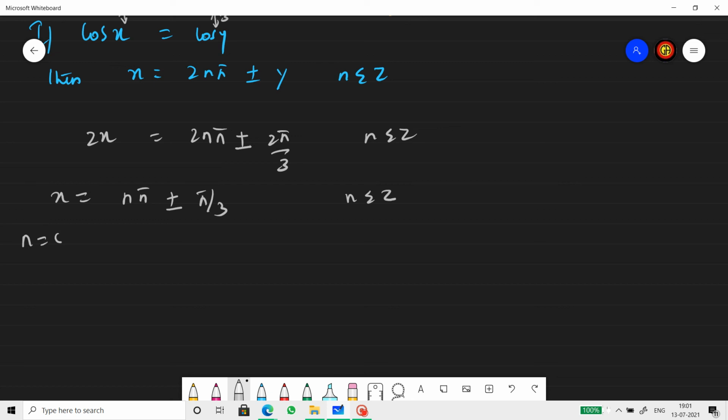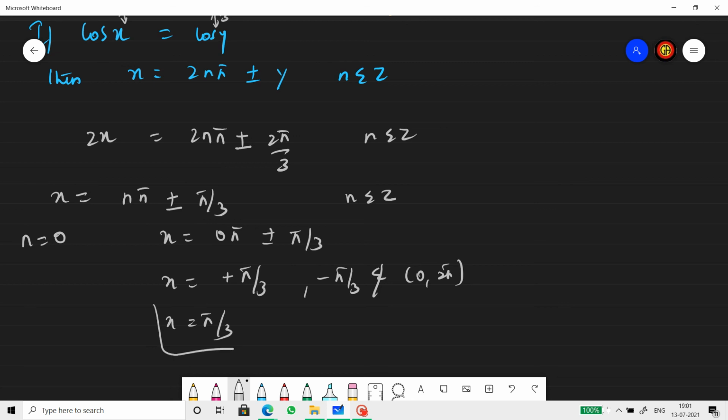Let's consider n as 0. When n is 0, x is equal to 0 pi plus or minus pi by 3. So that means x is equal to plus pi by 3 or minus pi by 3. But minus pi by 3 does not belong to 0 to 2 pi. So I will reject that.